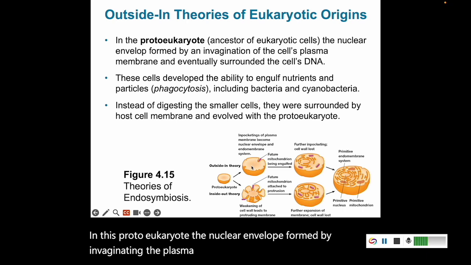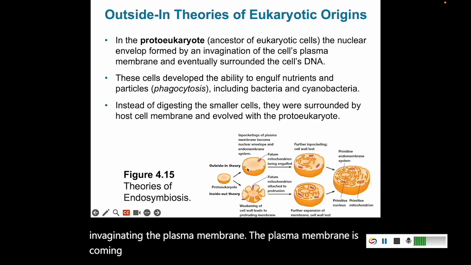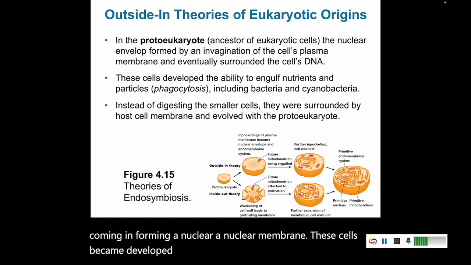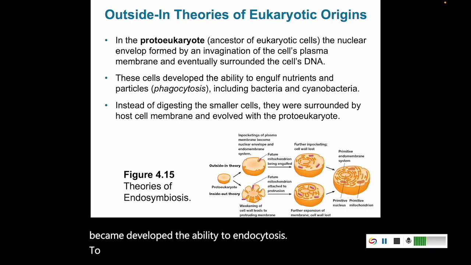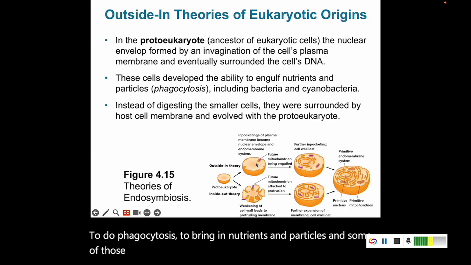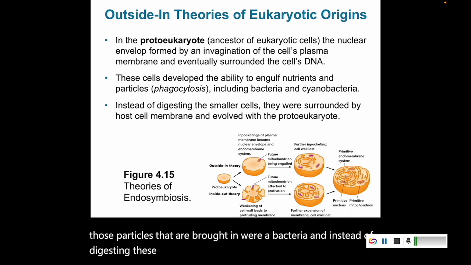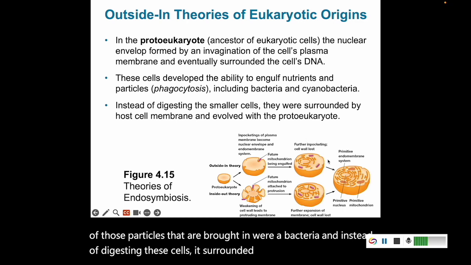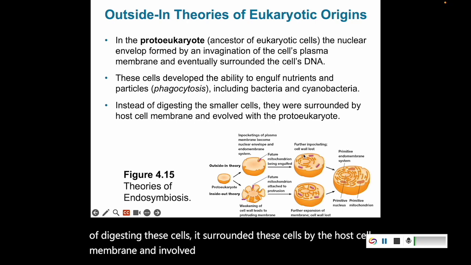So the plasma membrane is coming in, forming a nuclear membrane. These cells developed the ability to endocytose, to do phagocytosis, to bring in nutrients and particles. And some of those particles that were brought in were bacteria. Instead of digesting these cells, it surrounded them with the host cell membrane, and they evolved into eukaryotes right along with this proto-eukaryote.